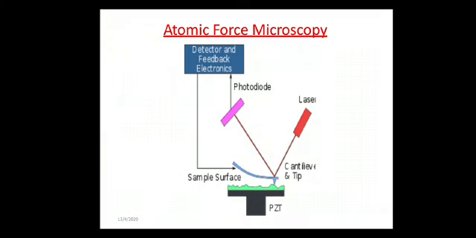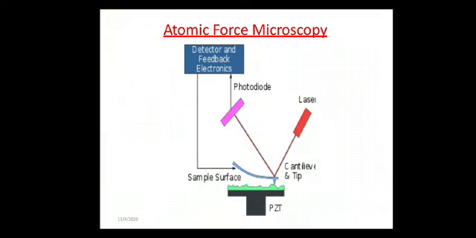Samples can also be analyzed in different environments such as liquid, under vacuum, or at low temperature. It provides very high resolution. Atomic force microscopy can be combined with a variety of optical microscopy techniques, and it can also work in a liquid environment, which makes it possible to study biological macromolecules and living organisms.